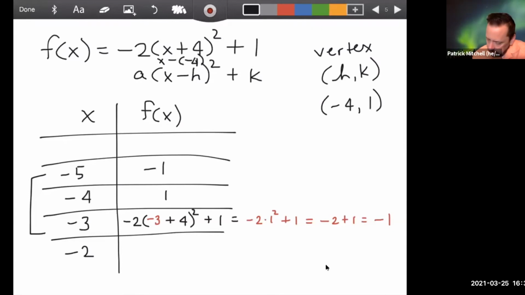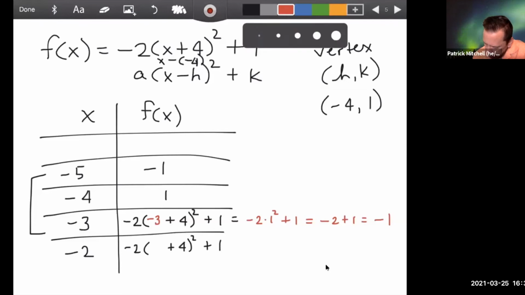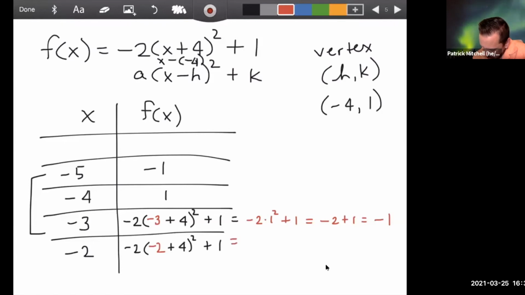All right, and now doing the same thing with -2 for x. If I put my -2 here, -2 plus 4 is 2. 2 squared is 4. -2 times 4 is -8. -8 plus 1 is -7.